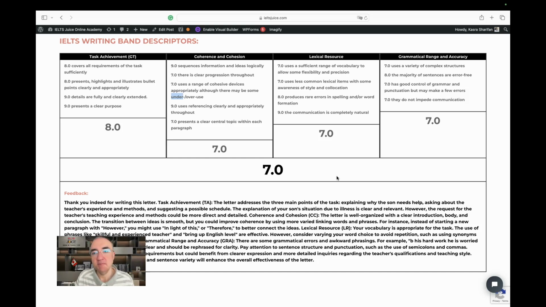This is a 7, well-deserved 7. Maybe a little touch on a larger range of vocabulary, more varied grammatical structures would help us get a higher score.